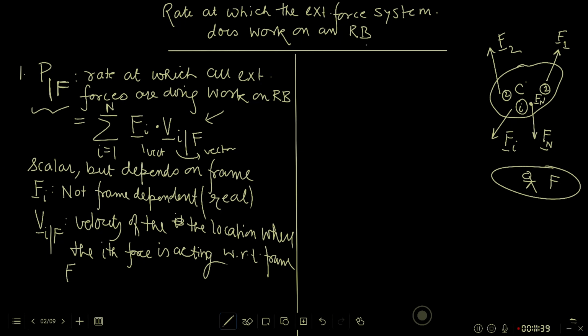The units of this will be Newton meters or joules, SI unit. Rather, it is a rate, so I should say Newton meter per second, joules per second, because it is a rate. You can also say watts.